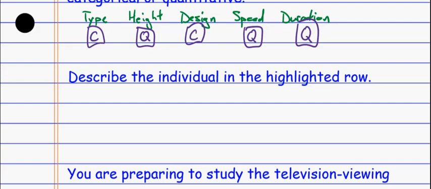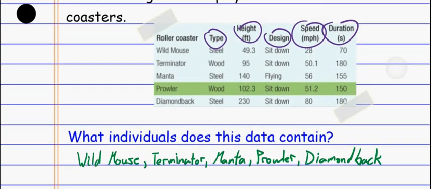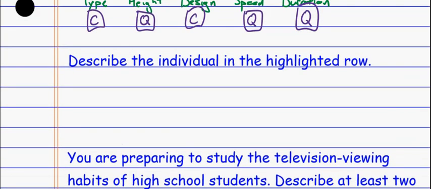And then it said, describe the individual in the highlighted row. If I scroll back up here, if I'm describing the individual in the highlighted row here, I would just kind of go through. It's like a summary of this individual. So I might say something like the Prowler. And a lot of times when you're putting this in sentence format, it helps to group the categorical data together and the quantitative data together.